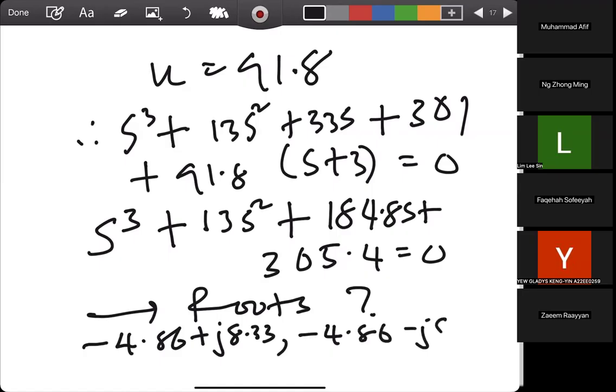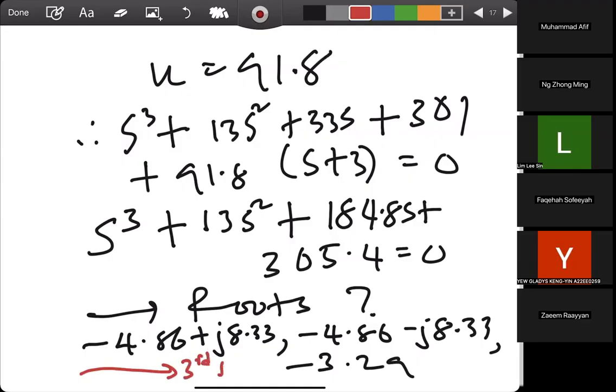Minus 1.86 minus 5.57 plus j 11.53, minus 5.57 minus j 11.53. Correct. Is it same?